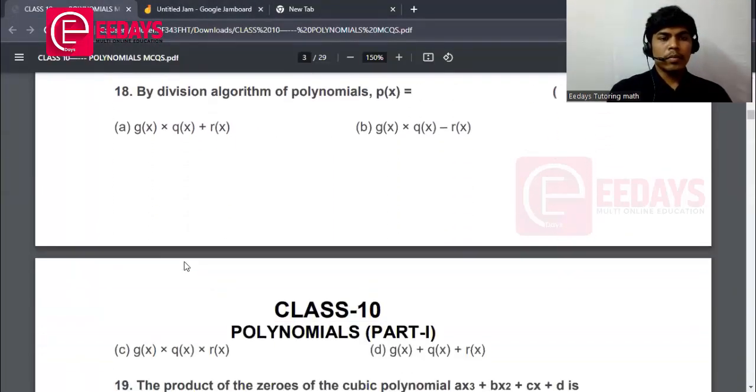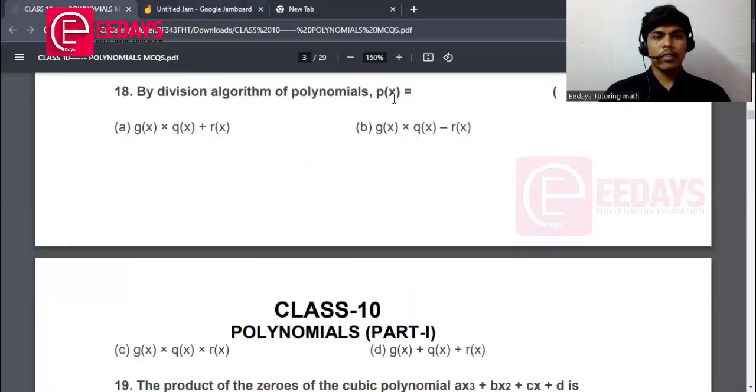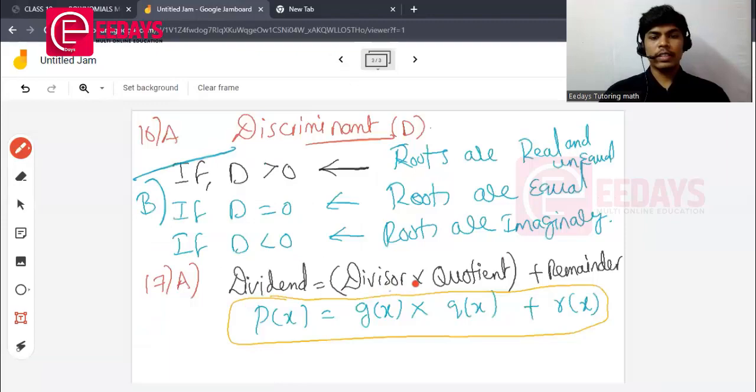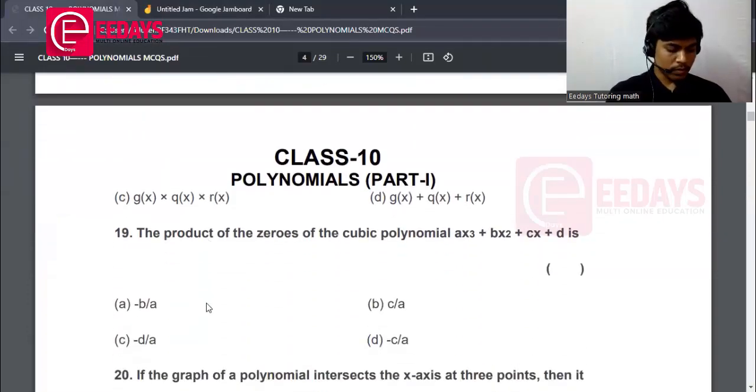18th one. By division algorithm, the polynomial p of x is equal to, just now we discussed the division algorithm, g of x into q of x plus r of x, or else dividend is equal to divisor into quotient plus remainder. Observe the other options. g of x into q of x minus r of x is given in option B, eliminated.